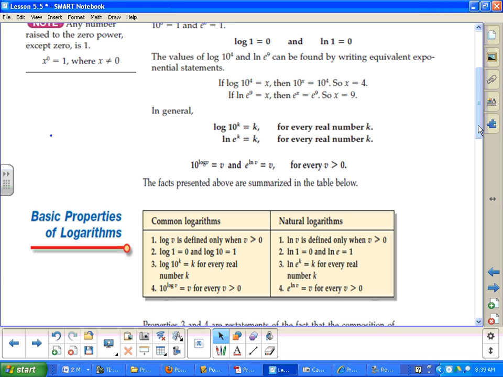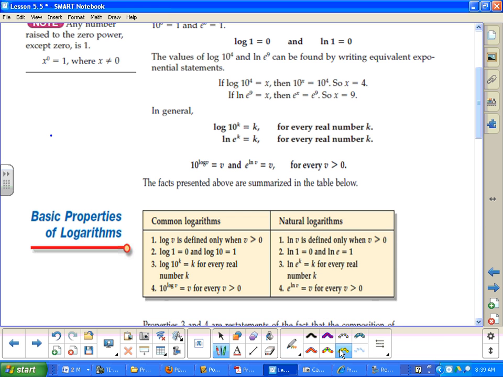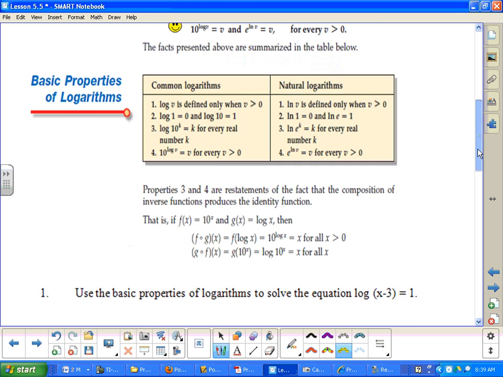Both of these are really talking about inverses: the common logarithm has a base of 10 and the natural log has a base of e. So both of these show us the rules for inverses, because when they're inverses, they basically undo each other.